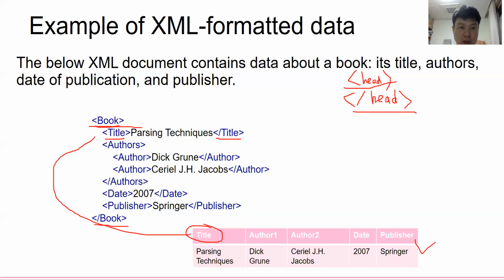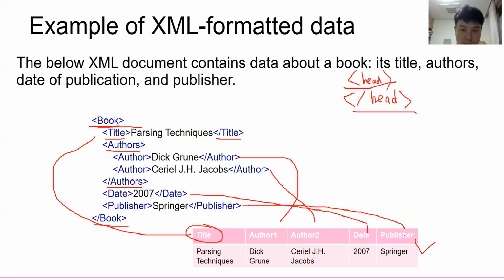How about the authors? We have two authors, and it is a collection. So the first author is related to this one, and the second author is related to this one. And after the two authors, we have the date, and this is the publisher.